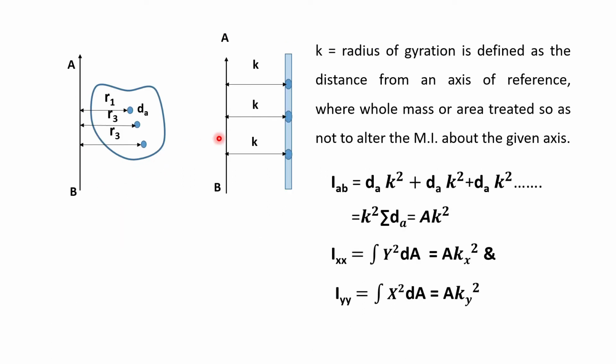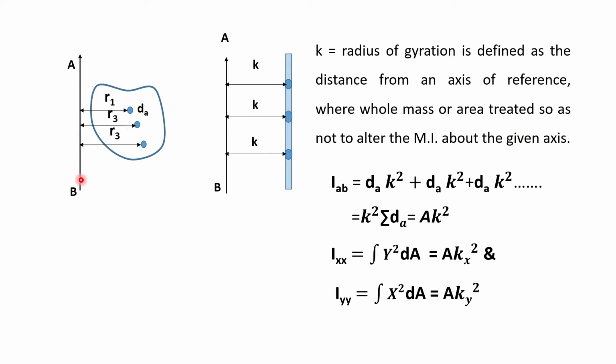The radius of gyration, as we just saw in the general formula, is defined as the distance from a reference axis where the whole mass or area is treated as concentrated so as not to alter the moment of inertia about the given axis. Here too we have two views of a lamina, dear students.